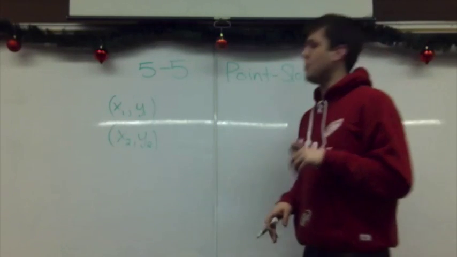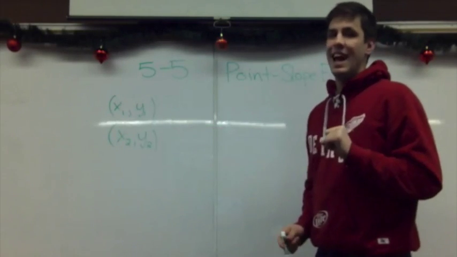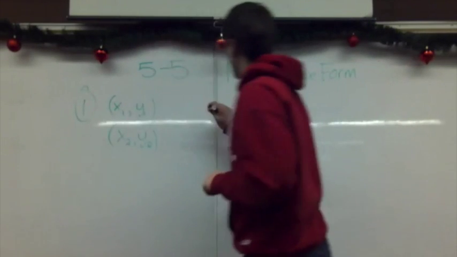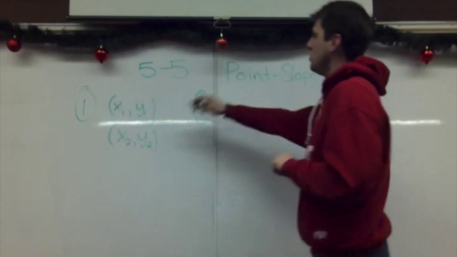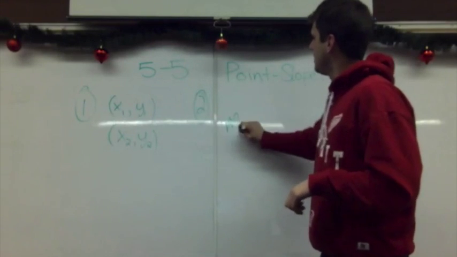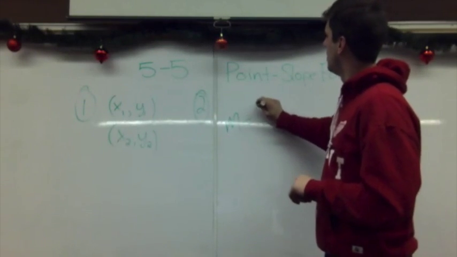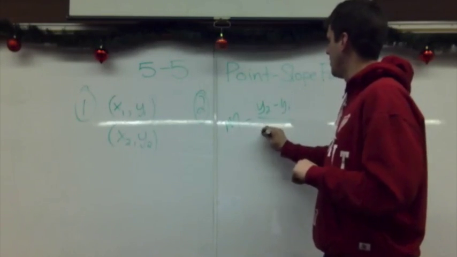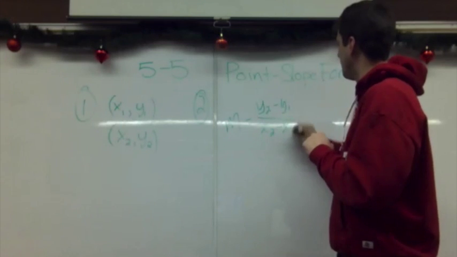And then the second step was to use these to find a slope. So this is your first step. Your second step is to use those to find the slope, which is your m equals y2 minus y1 over top of x2 minus x1.